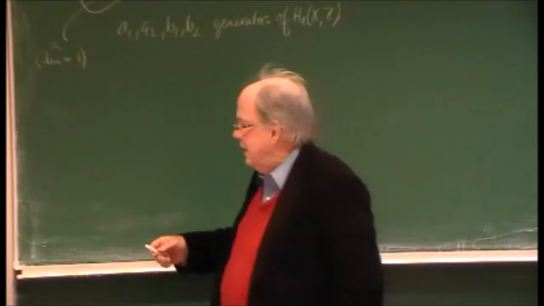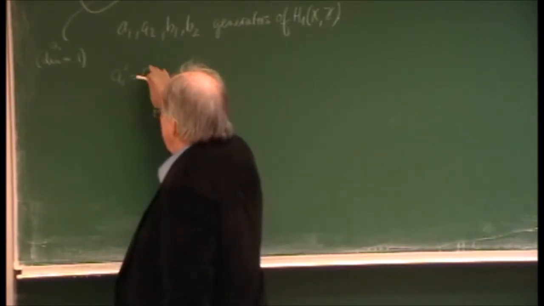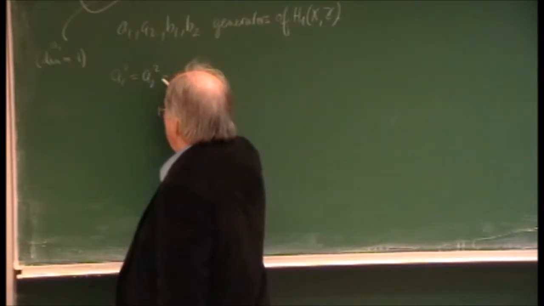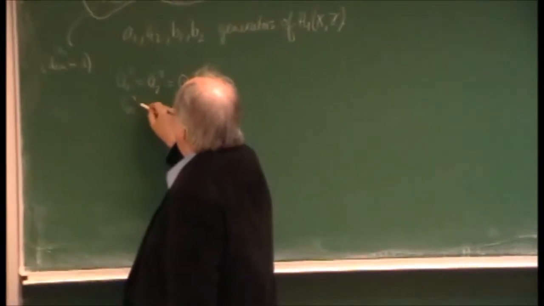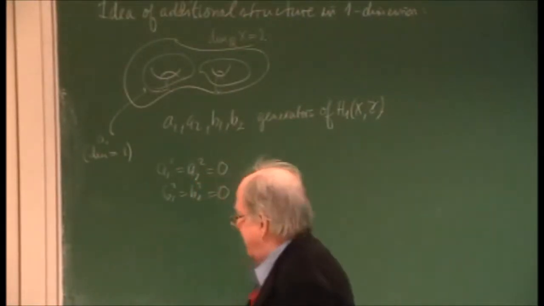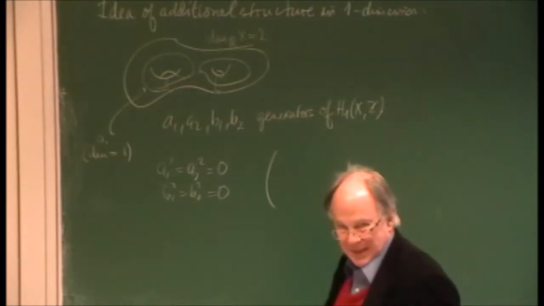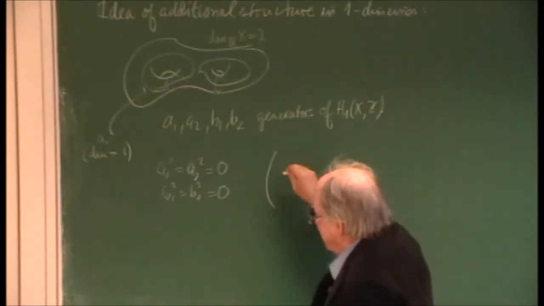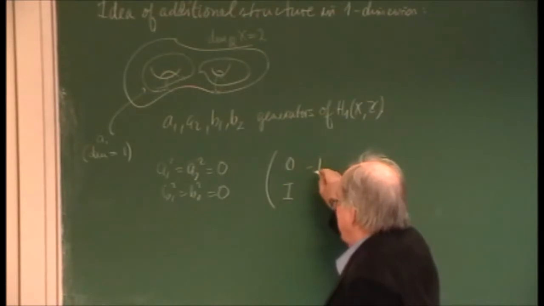Okay? And you see the intersection numbers. So A1 intersect A2 is 0. These things don't intersect. And now I'm going to write down an intersection matrix. You're interested in A1 intersect B1 and so on. So I think if you write down the intersection matrix, it will look something like this.